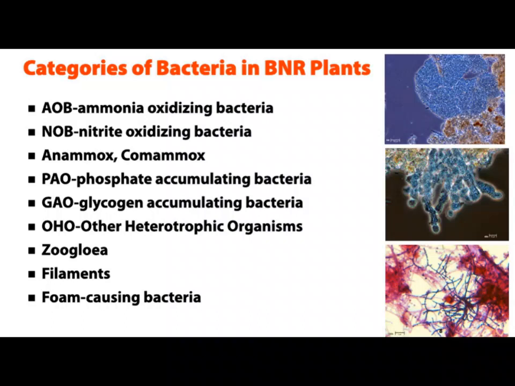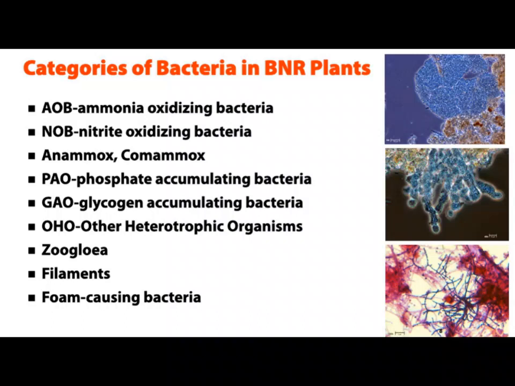The relevance of zooglia is that organism, all the bacteria, I'll digress for a second. All of the bacteria that are flock formers actually are flock formers because they excrete an exocellular, exo outside cell, polymeric substance.